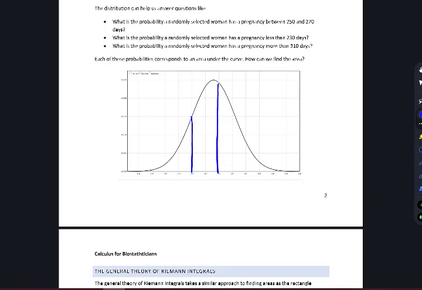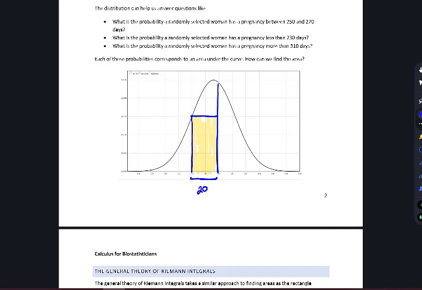So one possibility is we could notice that the width here from 250 to 270 is a width of 20. And then maybe I just want to use this rectangle right here, if I were to shade this in, to estimate the area under the curve. Why I might use this rectangle is because if I evaluate this function at 250, I know exactly how high this rectangle is.